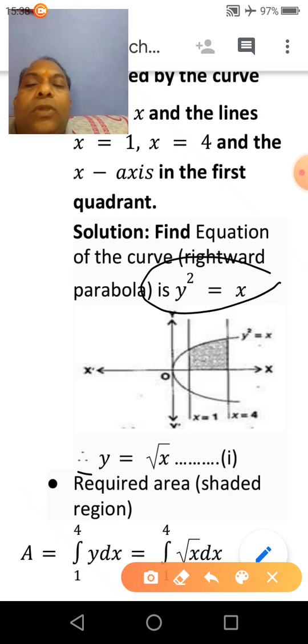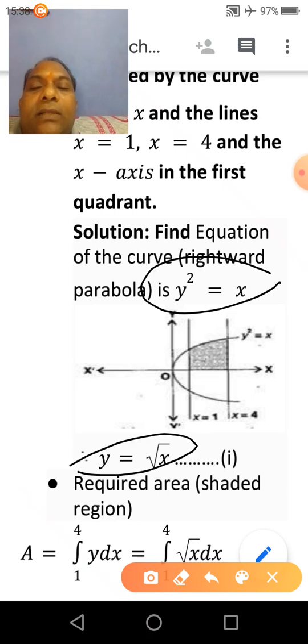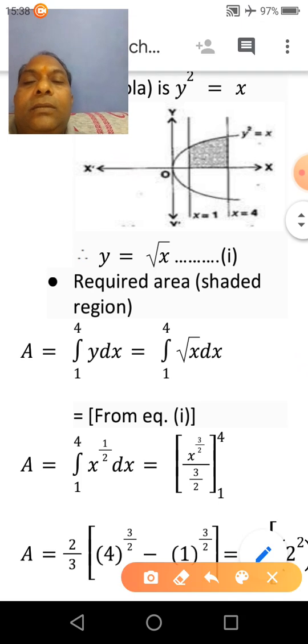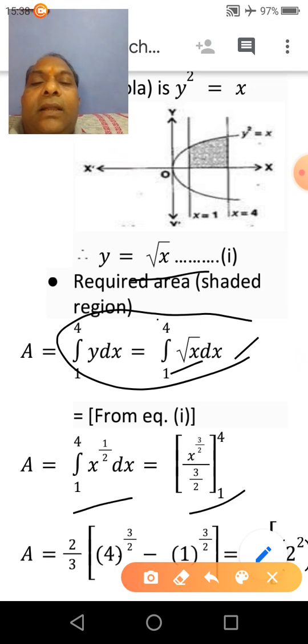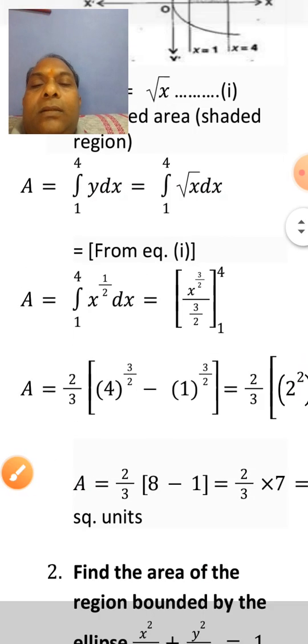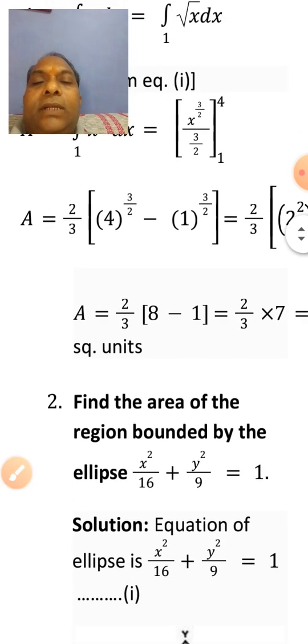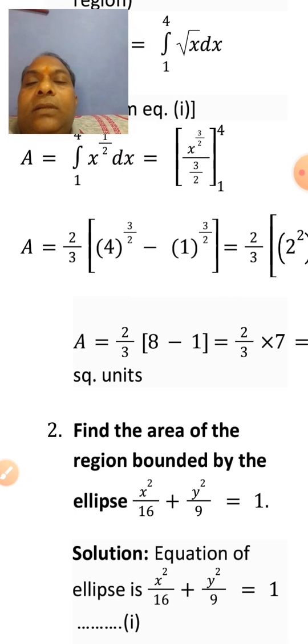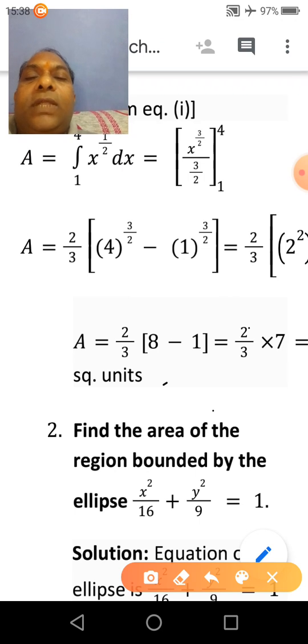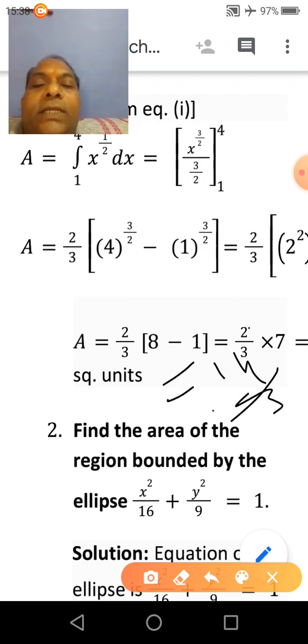So y is equal to root x. Then area of shaded region will be integration 1 to 4 y dx. Put the value of y is equal to root x, so root x dx. Now you can integrate and you have the answer. It will be equal to 14 by 3 square unit. 14 by 3 square unit is the answer.